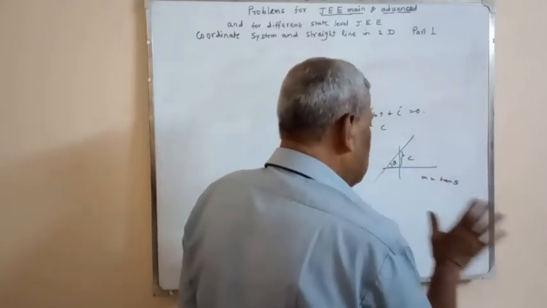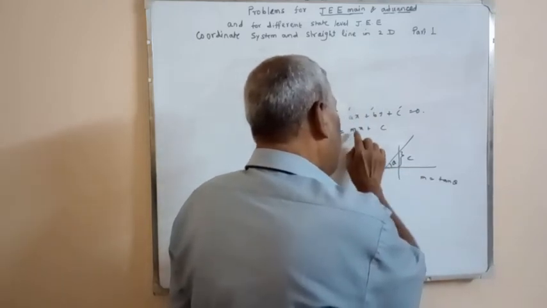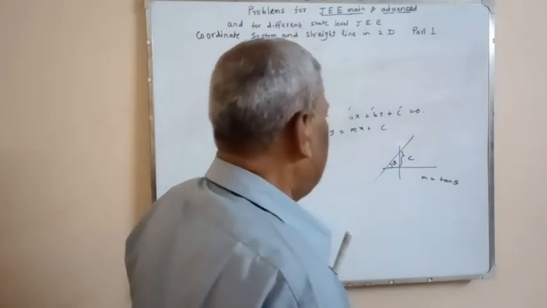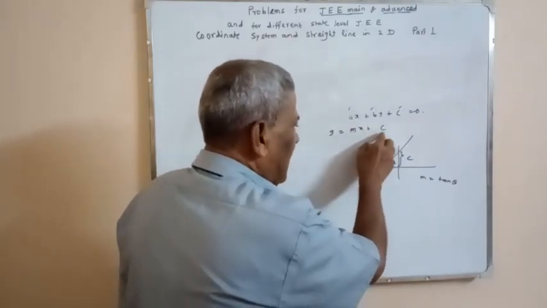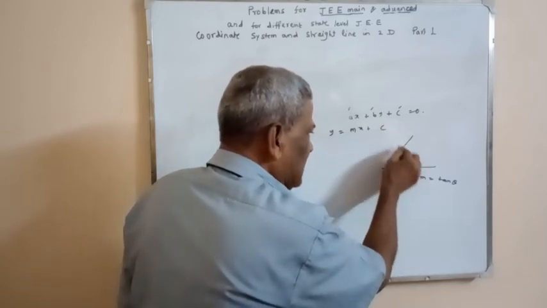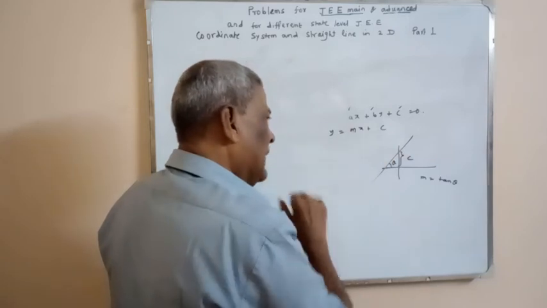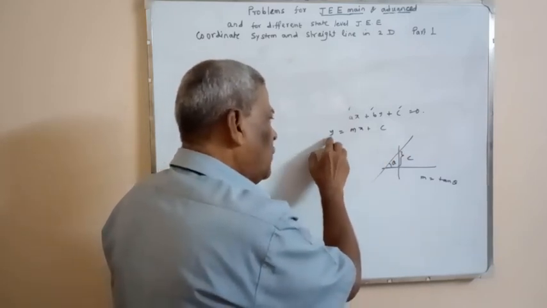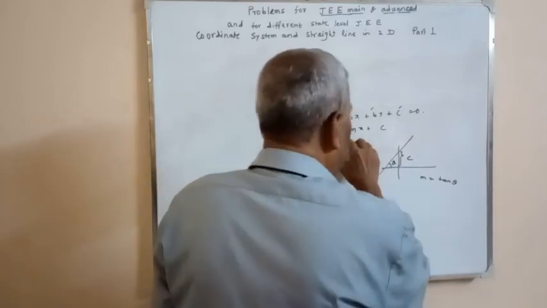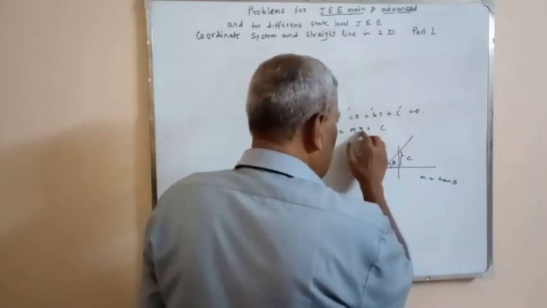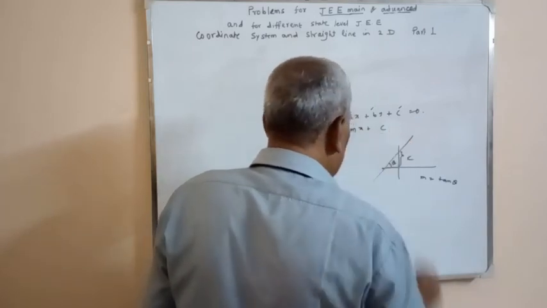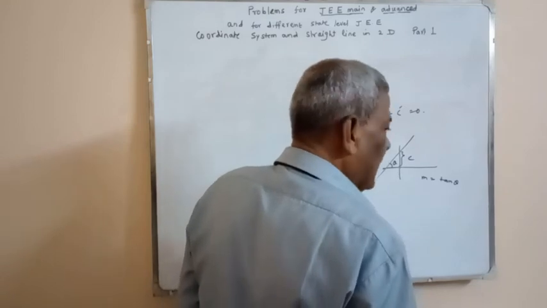If these two things are known, then y is equal to mx plus c is the equation of the straight line whose gradient is m and whose y-intercept, intercept on y-axis, is c. Mind that here in left hand side coefficient of y is 1, y is alone, and in right hand side coefficient of x would be the gradient and the constant term will give you the y intercept.